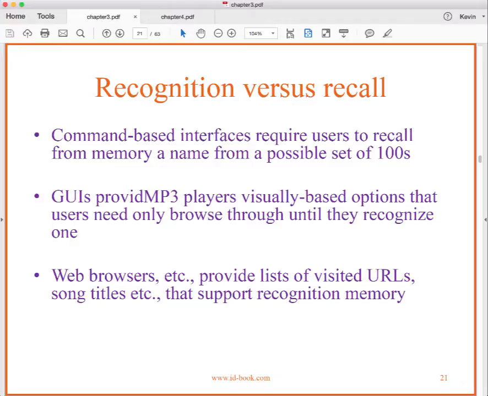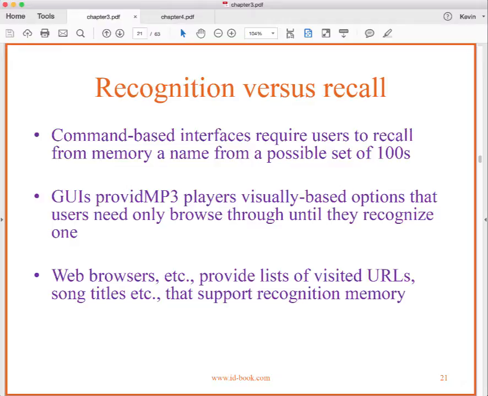Graphical user interfaces, on the other hand, require that we only recognize them as they appear. So if we recognize them, that's enough for us to act, and then we present some more in the user interface, and then we recognize them, and that's enough to act.